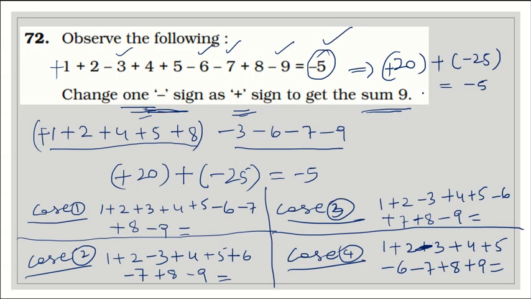See, in this 20 plus and minus 25, when they are added, giving you minus 5, and with this question where 3, with a minus sign, is made positive, that means in this 20 we will have 3 increased, and in this 25, 3 reduced.